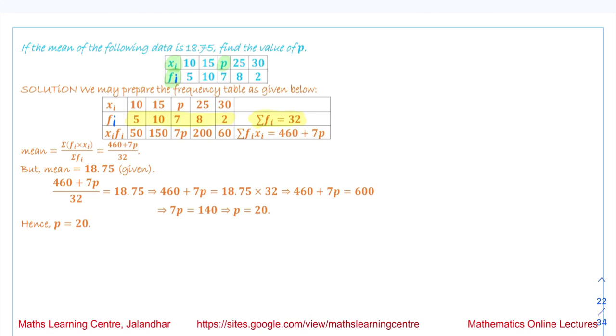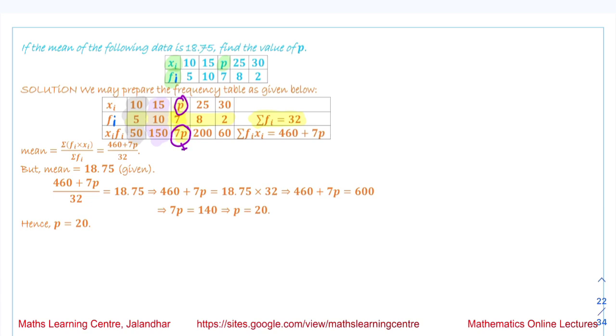Now in the next step we have to multiply xi into fi. So it is 10 into 5 is 50, 15 into 10 is 150. Next, P into 7 is 7P. This is important to note over here that we are getting the value, it is P over here. So this value we are getting, it is 7P.